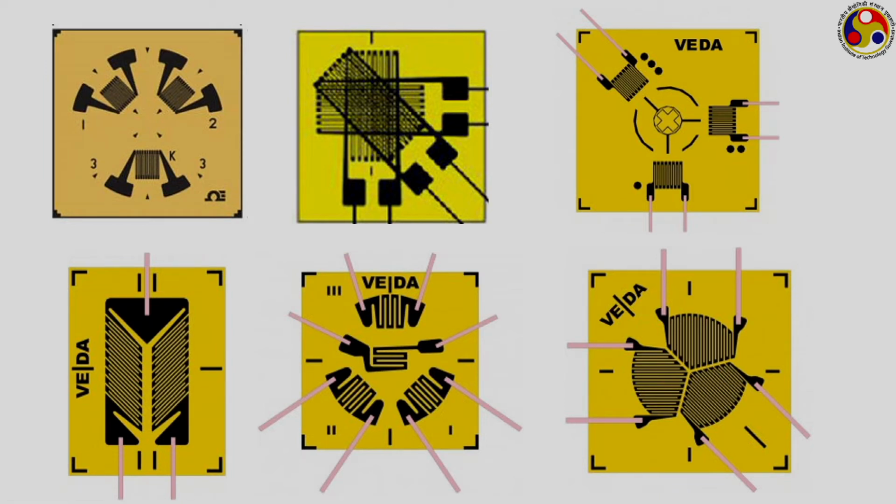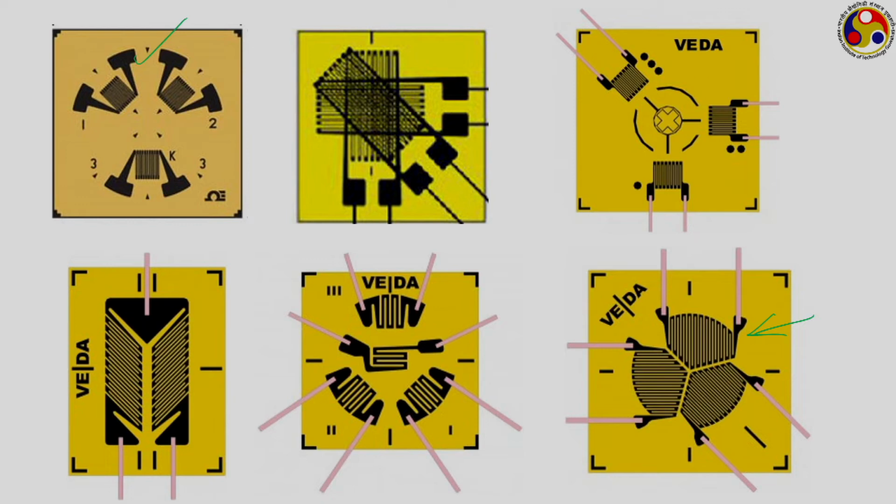Like in this case, we can see 3 gauges placed 180 degrees apart, whereas we can have much more complicated structures, something like this also, where each gauge will sense over a particular direction or over a range of directions, and then they can be combined suitably to get the final value of strain.